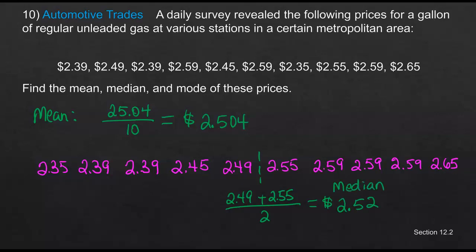So anytime you have an even set of numbers, find the 2 middle ones, add them together, divide by 2, and that's going to give you your median. And then our mode is going to be right here. So our mode is $2.59.